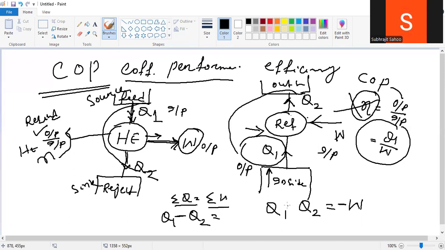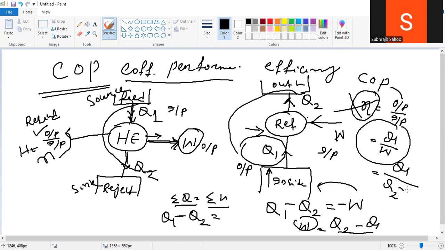That means Q1 minus Q2 equals minus W. If I simplify it, taking W to this side, W becomes Q2 minus Q1. Now here you apply Q1 divided by, in place of W, you put this value, Q2 minus Q1. This is the COP formula of the refrigerator.